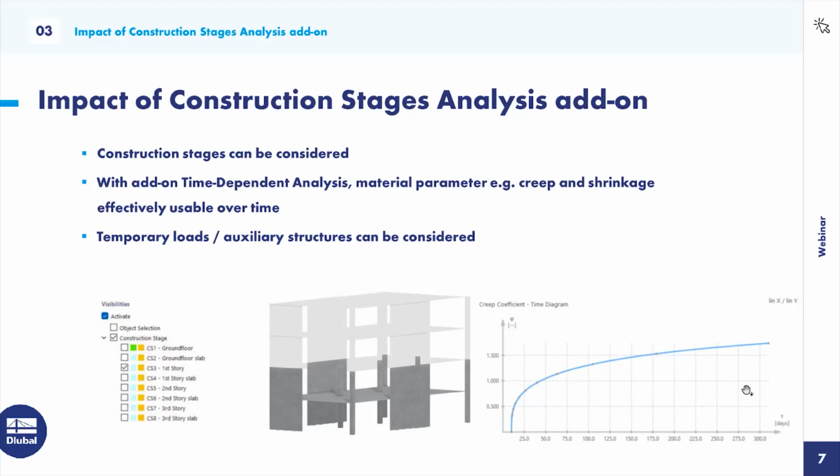So you will have influence only from these material parameters. And yeah, we can consider this when we use the construction stages and the time-dependent analysis. But I will also show you this later in RFEM 6.